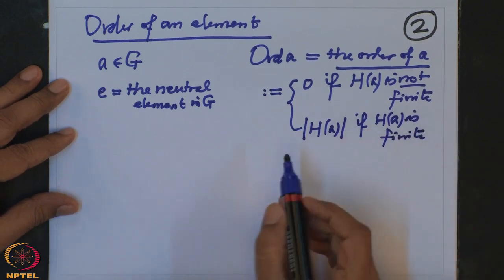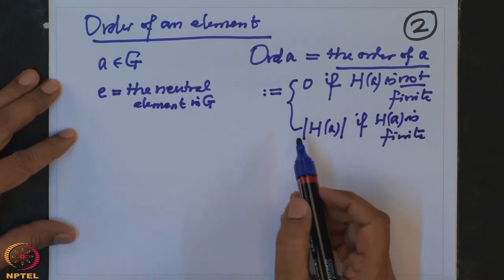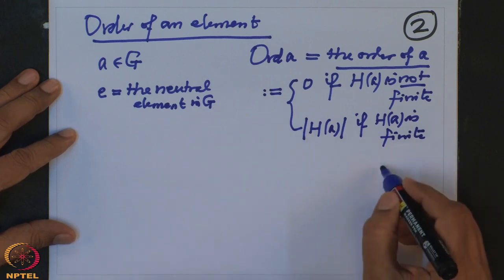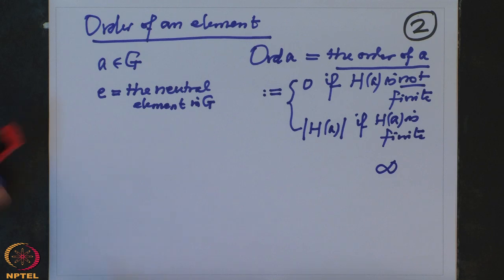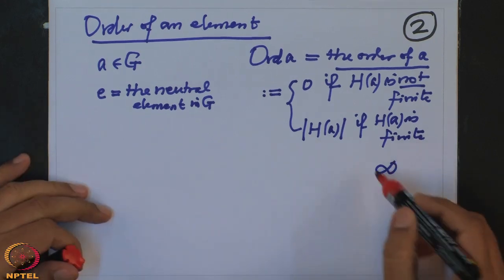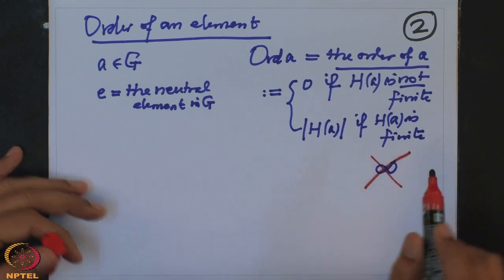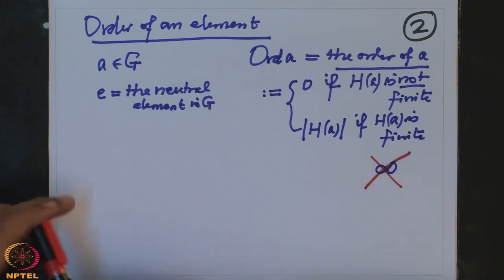We never say the order is infinite, for many reasons. We never write this symbol. First of all, it is not defined. Also, countable, uncountable, all kinds of problems will crop up. So we never define an element of infinite order.